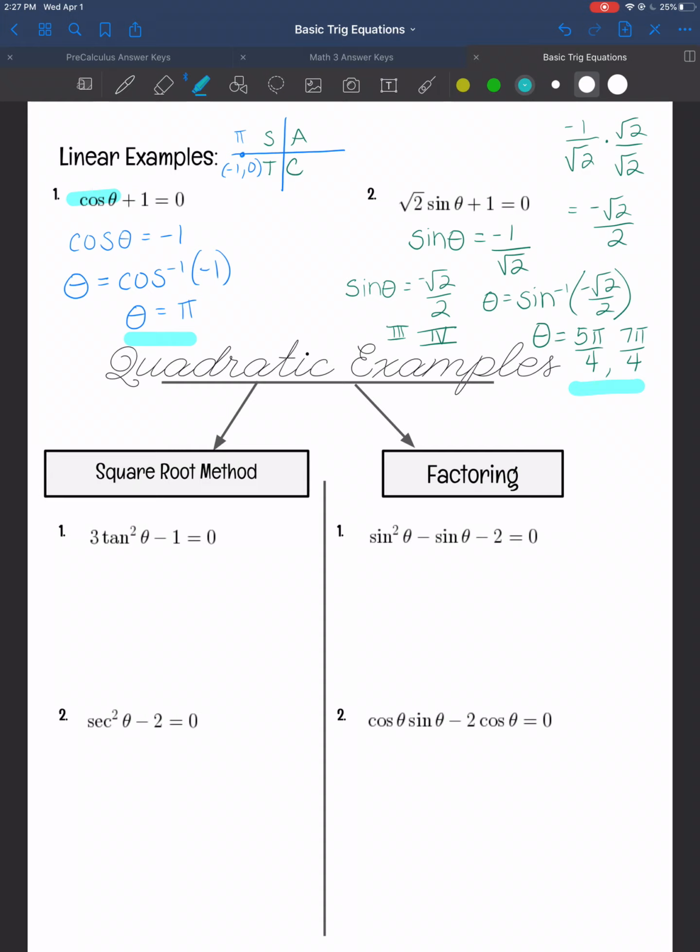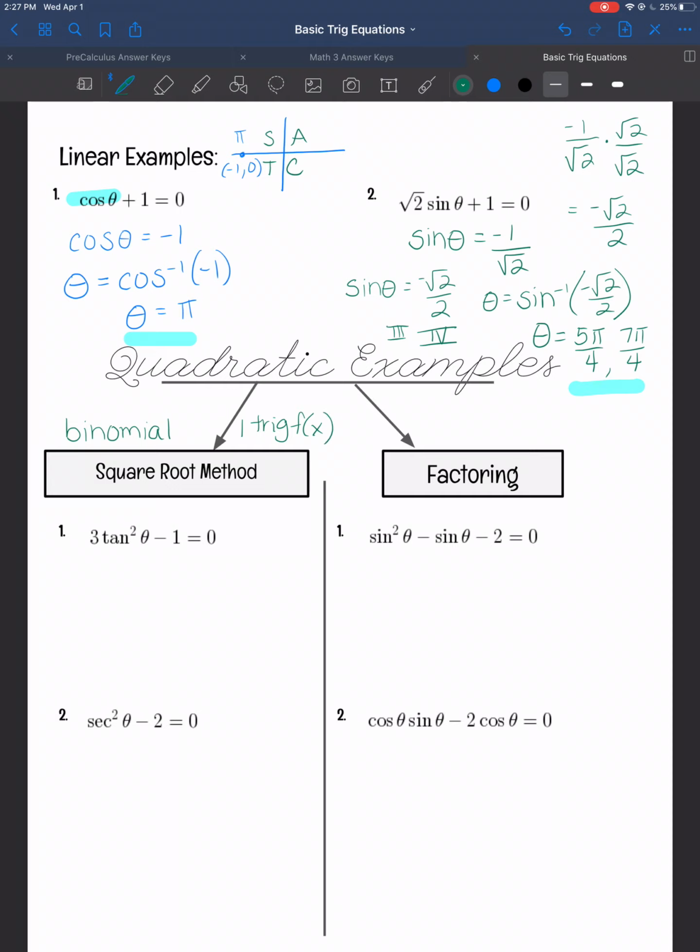Alright, now we've made it to the Mac Daddy quadratic problems. These are obviously the trickiest, but if you understand basic factoring, we're just going to apply it to trig. So the first method here is the square root method, and just like in algebra, you're going to use the square root method if what you're dealing with is a binomial and you only have one trig function in your problem.